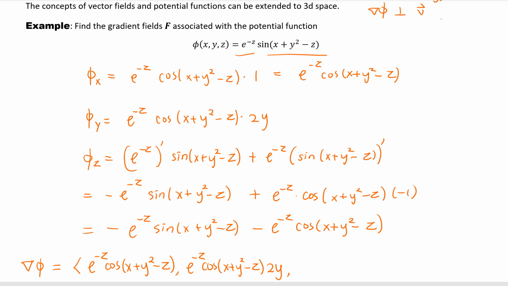Phi z is negative e to the minus z sine of x plus y squared minus z, minus e to the minus z cosine of x plus y squared minus z. Okay, so that is our gradient field.